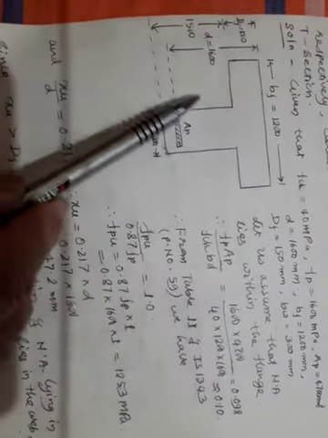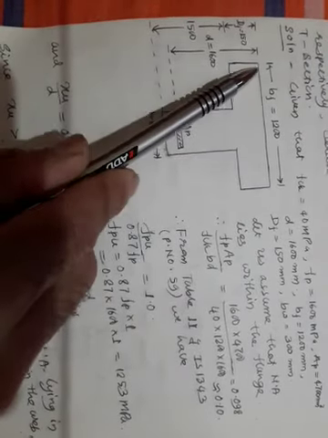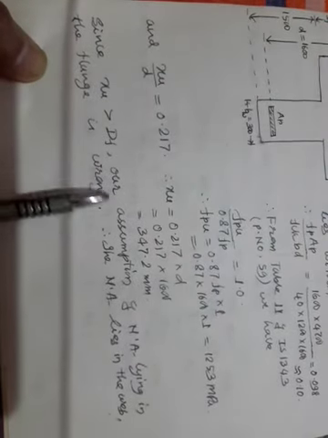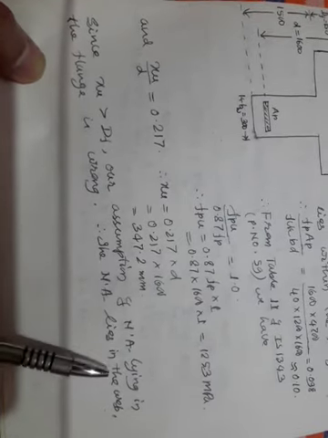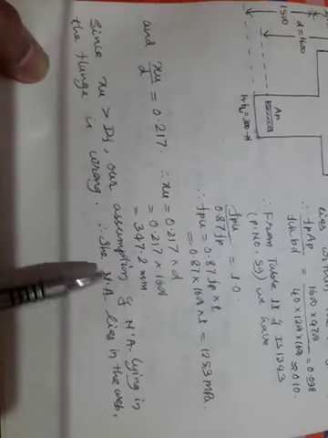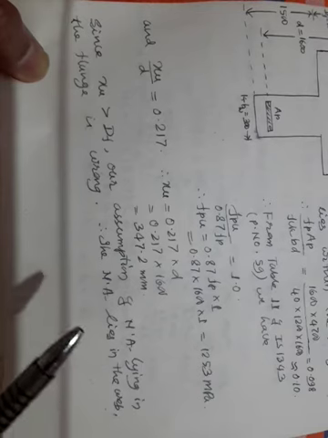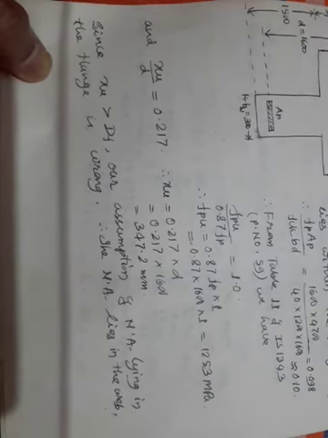Since your XU value is greater than this DF value, the neutral axis assumption of lying in the flange is wrong. Therefore, it lies in the web. So since it lies in the web, all my calculations will now change.